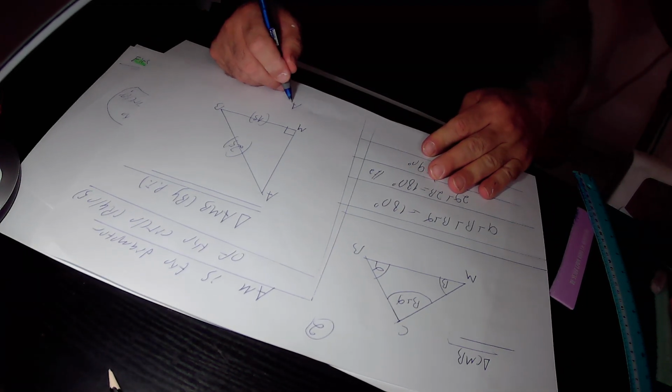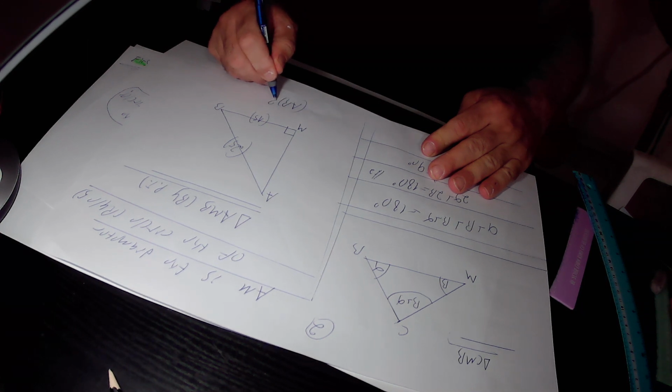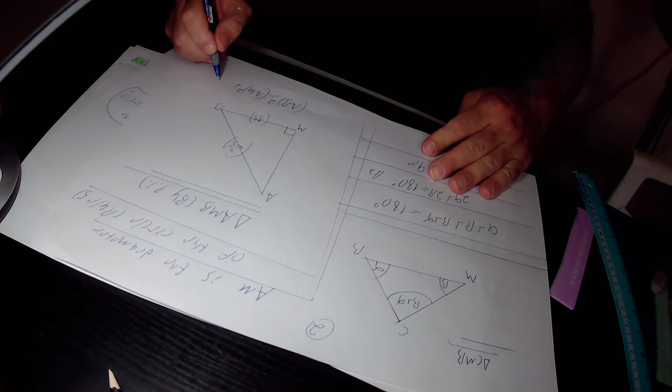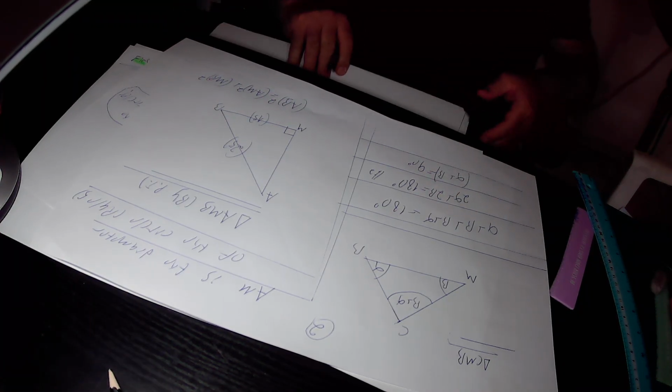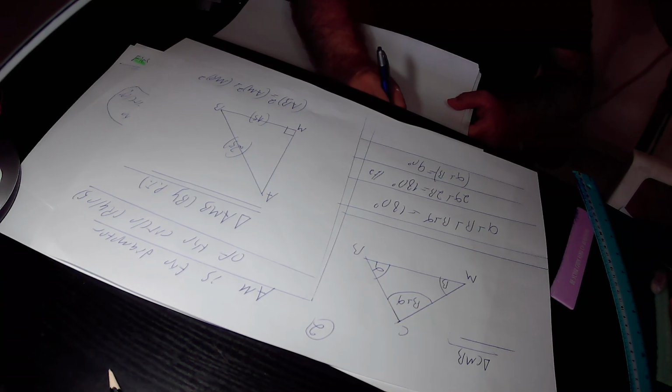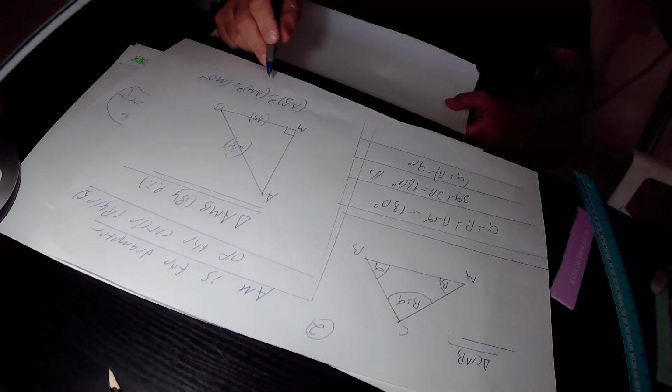AB squared, that is the square of the hypotenuse, is equal to AM squared plus MB squared. AB is 25, therefore AB squared is 25 squared, that is 625, and it is equal to AM squared.